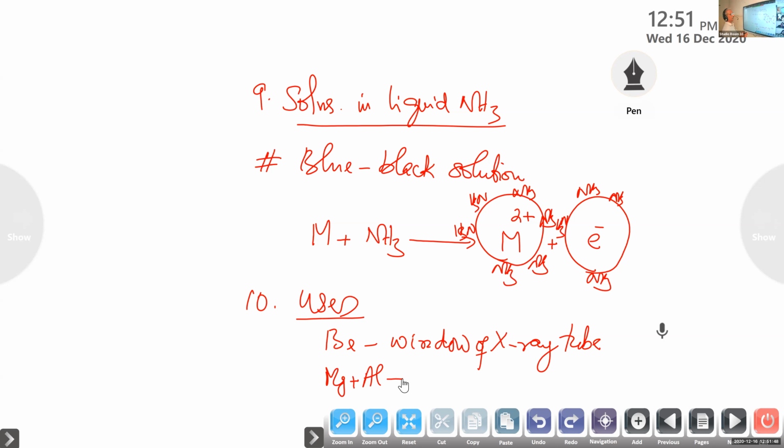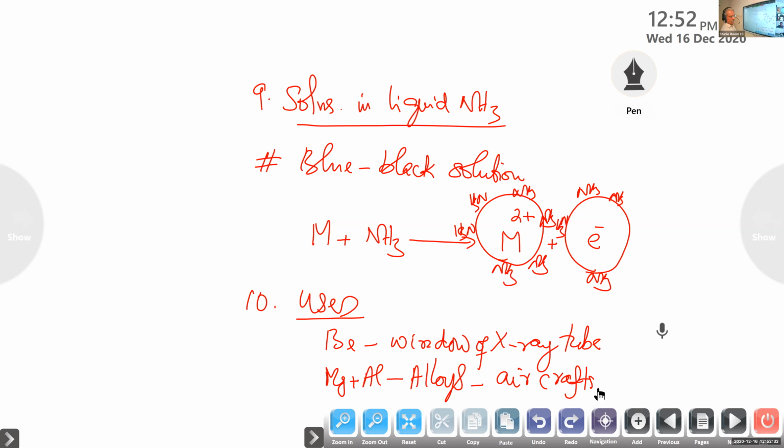All these are alloys of magnesium, and they are very light but very strong. So these alloys are used in the construction of aeroplanes, in the construction of aircraft. Lightweight, but very strong.